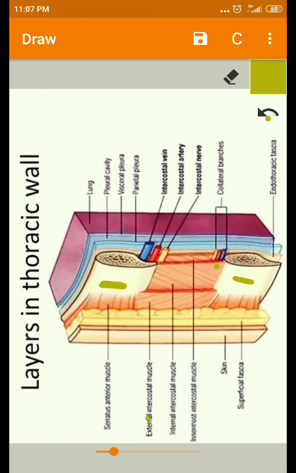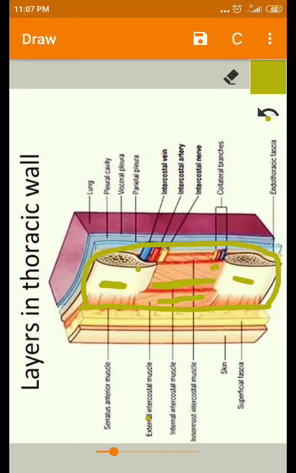Now you can see here, the outermost layer, so now this becomes the thoracic wall proper up to here only. So in between the ribs is the intercostal space. What are the things present in the intercostal space? One is the external intercostal muscle, and next to it you will have the internal intercostal muscle.